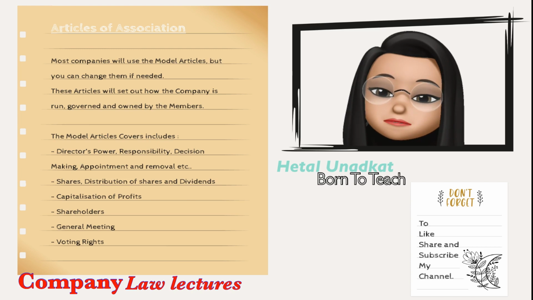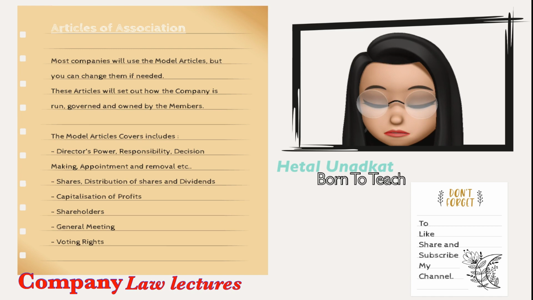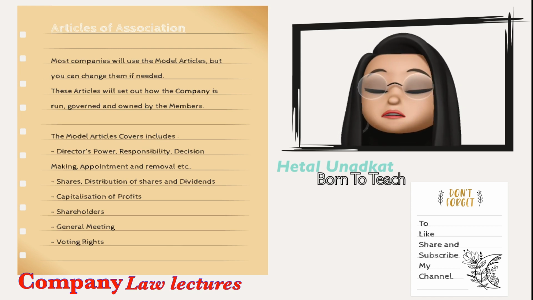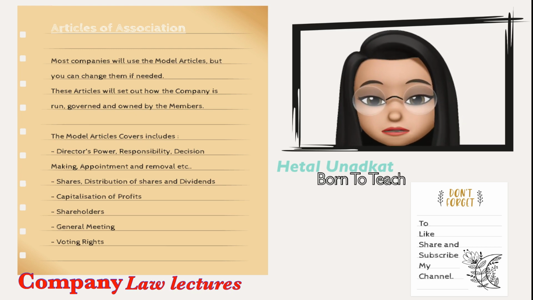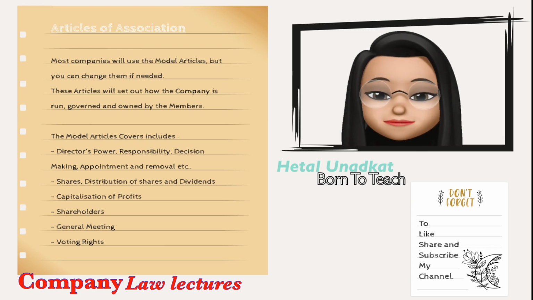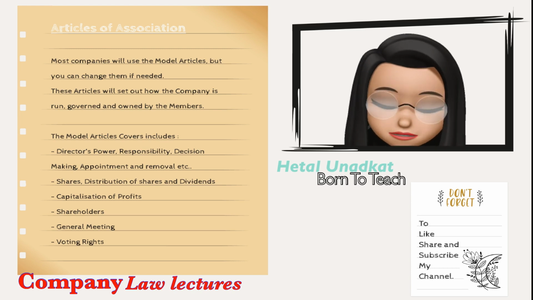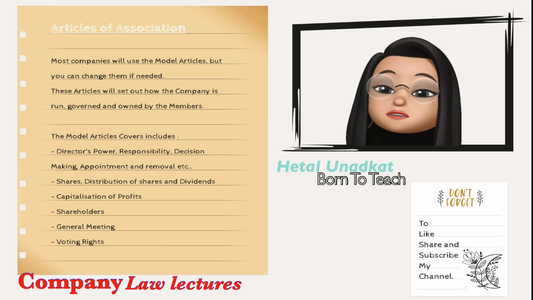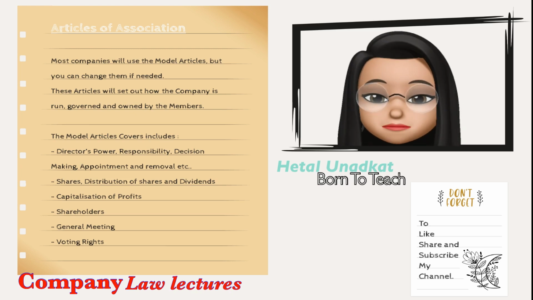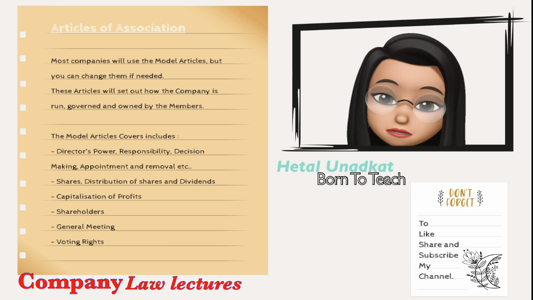Further, the model articles include how many shares you can issue, the share descriptions or divisions, how much dividend the company can pay to its shareholders, and also bonus shares. The model articles also have certain rules and regulations about shareholders, their voting rights, and the general meetings, the meetings which must be held as compulsory by the Act.